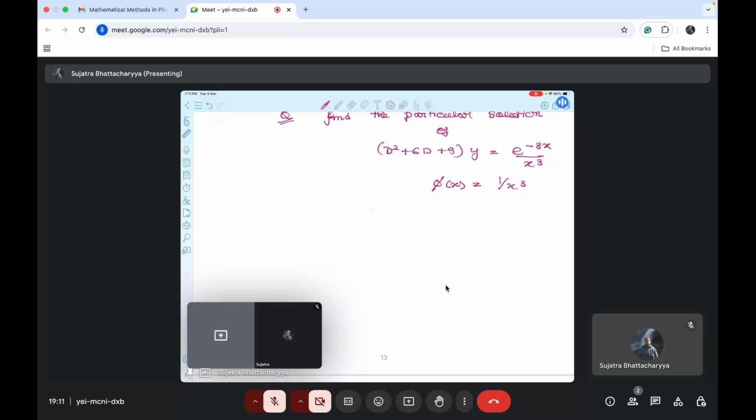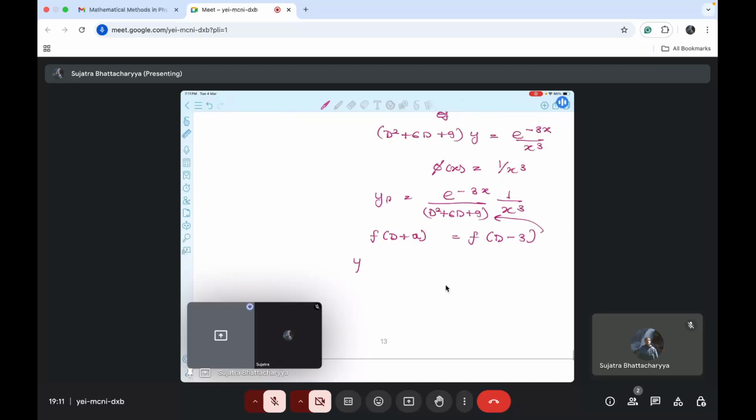So your y_p will have e to the power minus 3x, 1 by x cube as it is, and this will be 1 upon D square plus 6D plus 9. Clear? Now what you have to do is calculate f of D plus a. So here it will be f of D minus 3. Correct? Just replace f of D with f of D minus 3.